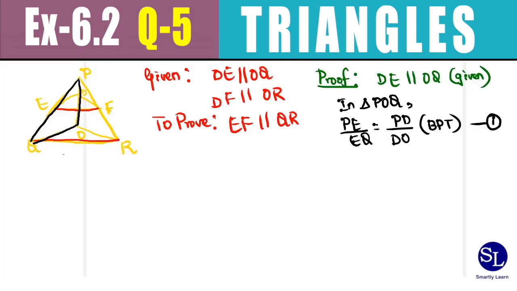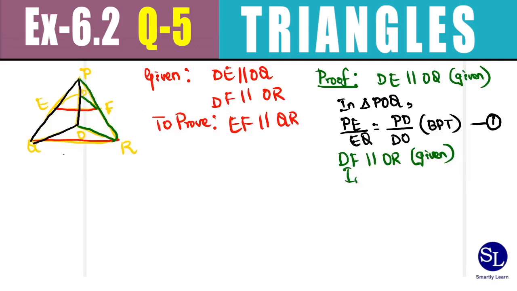Now in the second case, let's write down the second given to us, which is DF is parallel to OR. That was the next given statement to us. So now let us look at the diagram or the triangle for which we need this. What is given or referred about is DF and it is talking about OR. So this time we are going to take the triangle POR.